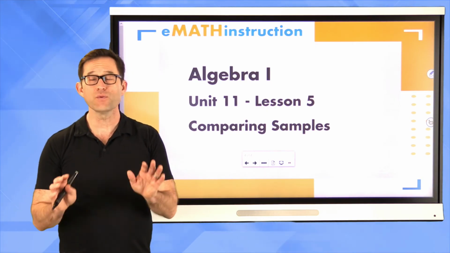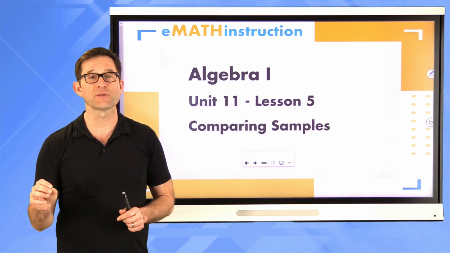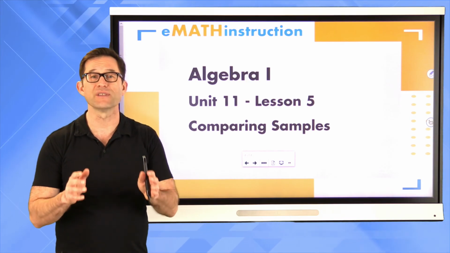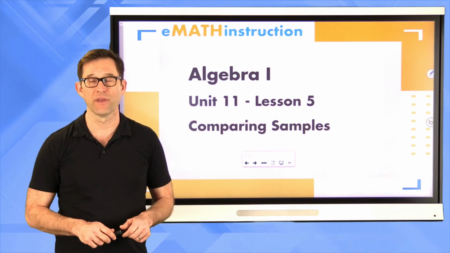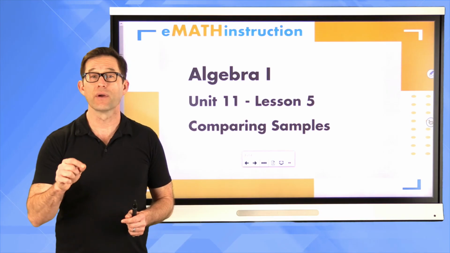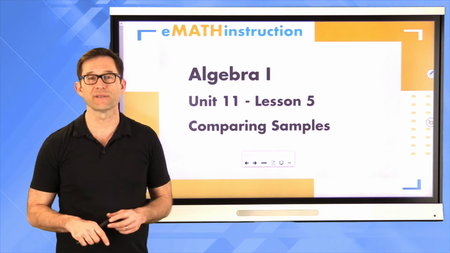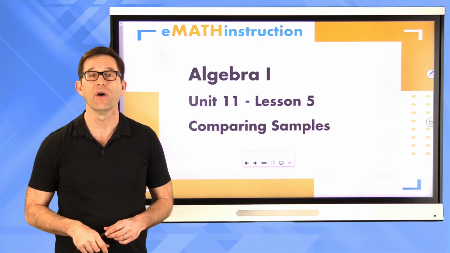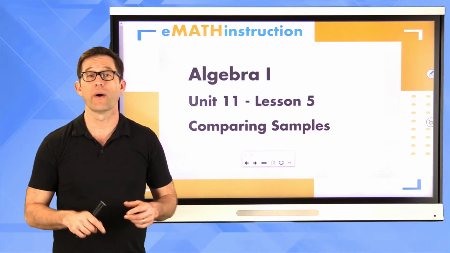Now, once we've determined that, then we have to ask ourselves, is the difference between the means or the medians or between the typical value ranges really significant compared to the variation that's occurring within the data sets? Now, there are some very sophisticated tools that you'll get into a lot more in Algebra 2. For right now, we're just informally assessing whether or not the differences between two samples are significant enough to conclude that the populations from which they were drawn would also have those two differences.